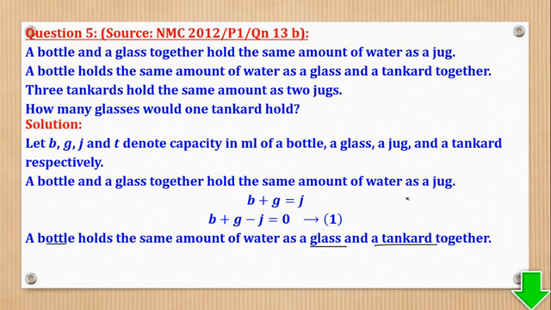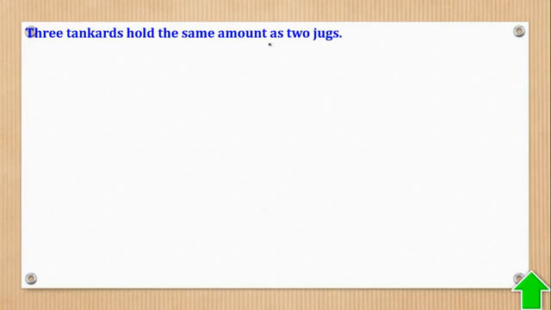So B is equal to G plus T. Put everything on one side, you come up with equation 2. Then the next statement: 3 tankards hold the same amount as 2 jugs, 3T is equal to 2J. So put everything on one side, you come up with equation 3.